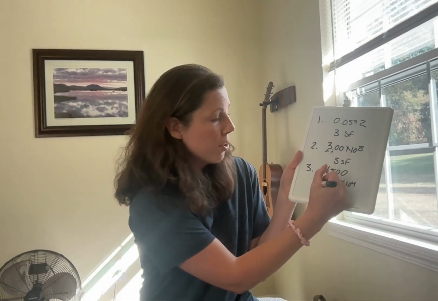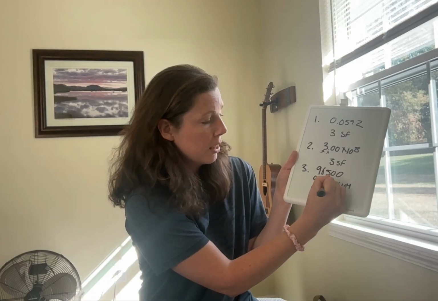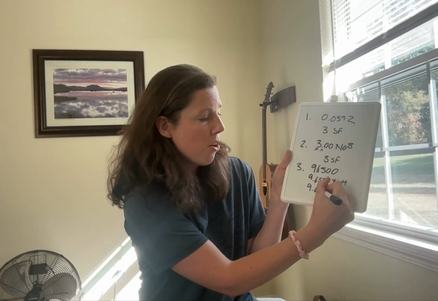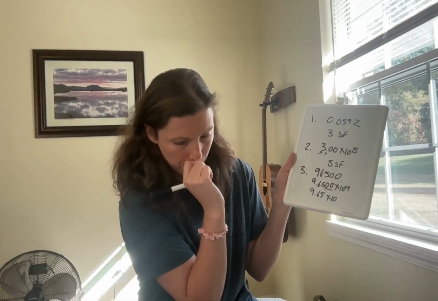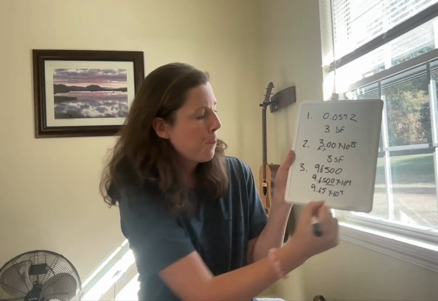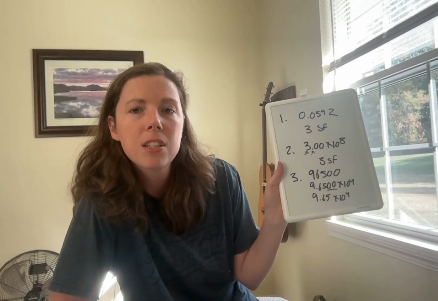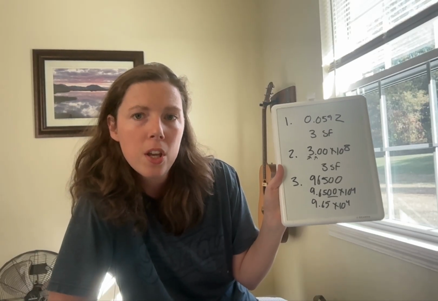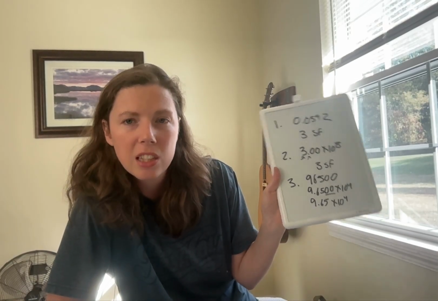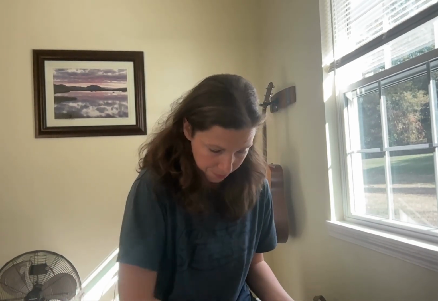Or we could write it 9.65, drop the zeros, times 10 to the fourth, and we would know that it just has 3 significant figures. So scientific notation is very helpful in areas where it is unclear whether the zeros are significant or not.